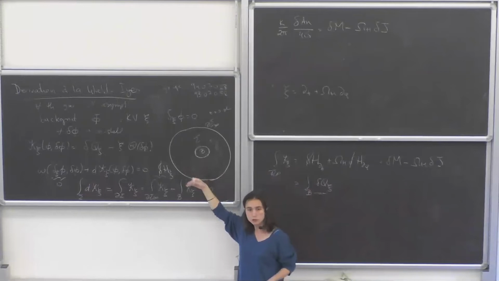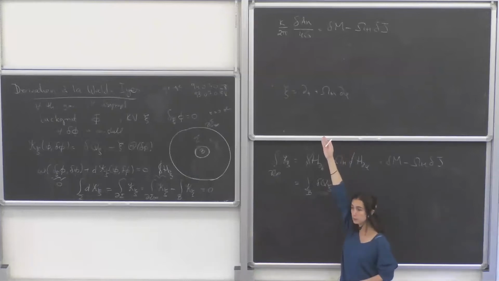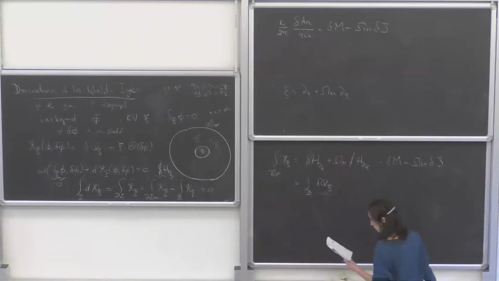It's basically the Noether charge associated to this C, evaluated at the horizon. And now we want to massage it to put it in something that looks like the left-hand side of this equation. So how are we going to massage it?